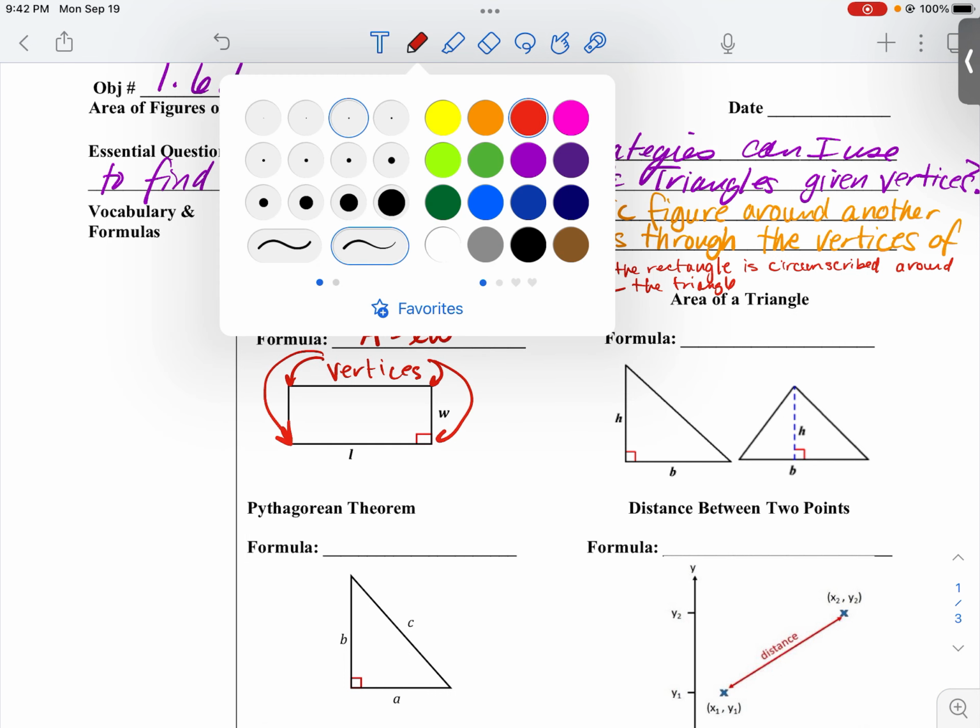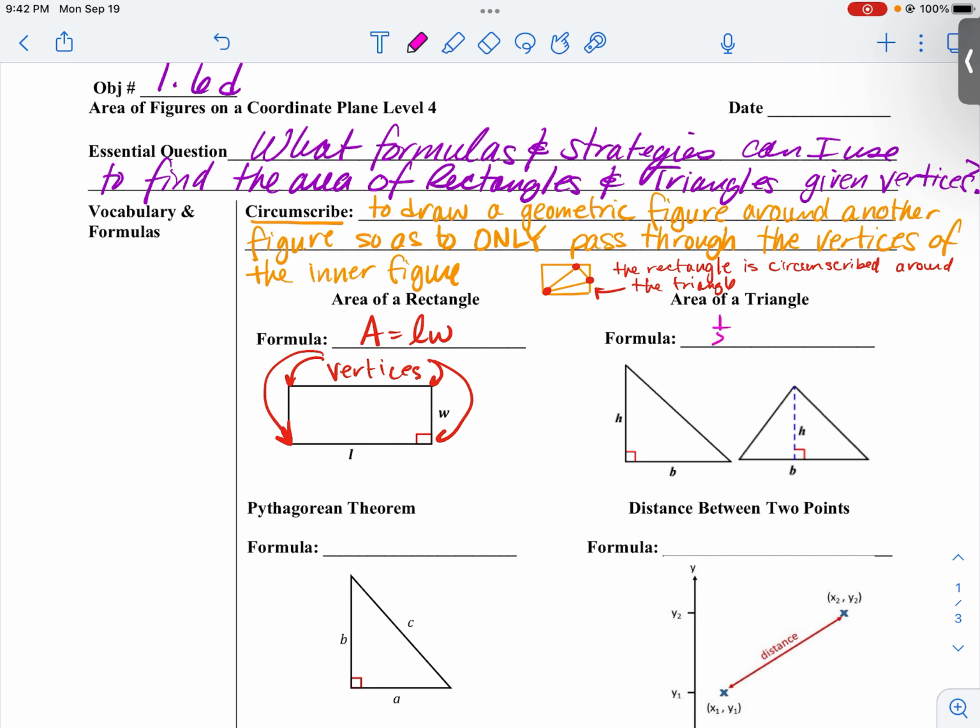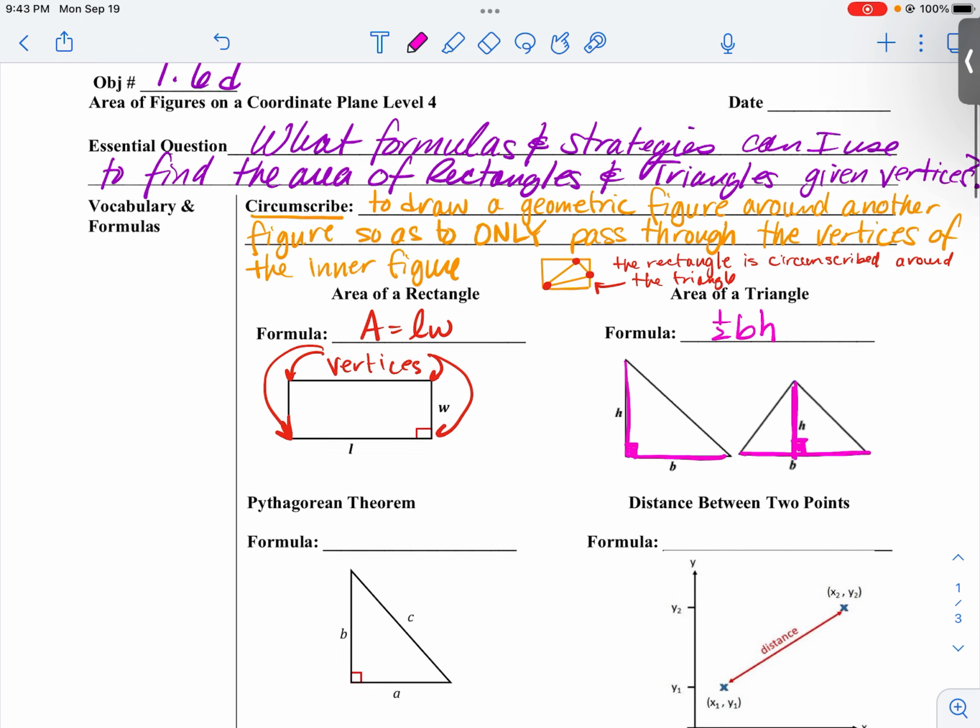The formula for the area of a triangle is half the base times the height. Now remember that the base and the height come together to form a right angle. So for the right triangle it's pretty easy, but when you have a non-right triangle, to find the base and the height, I need to have it come together to make a right angle.